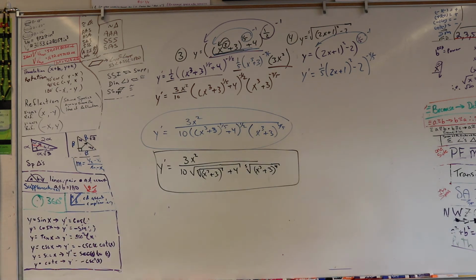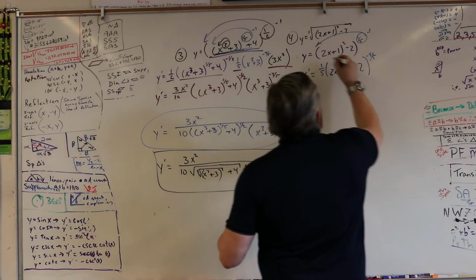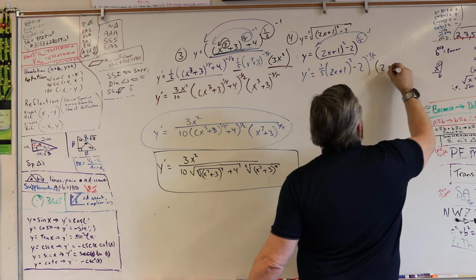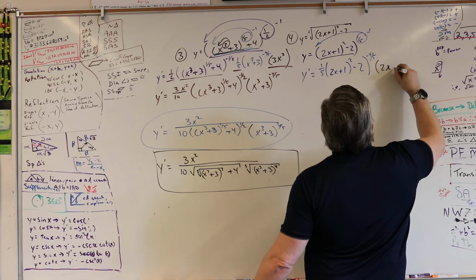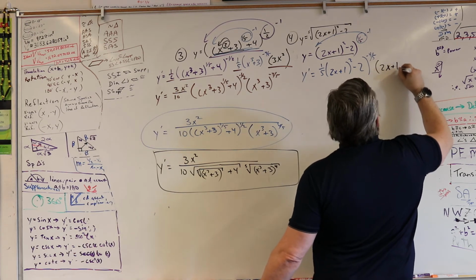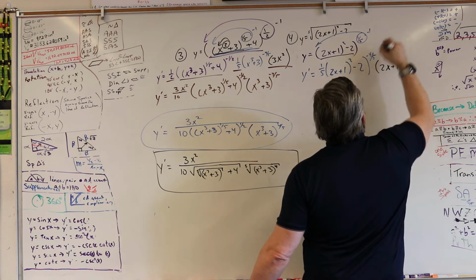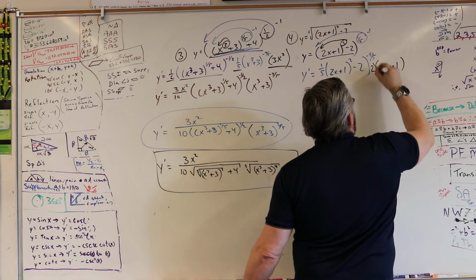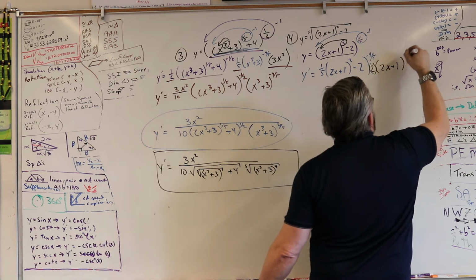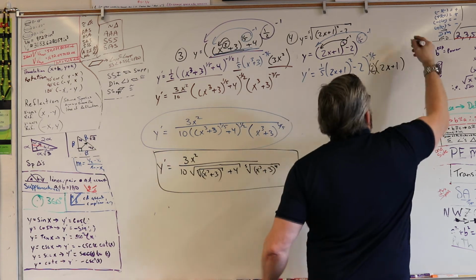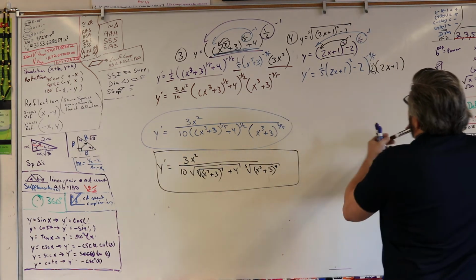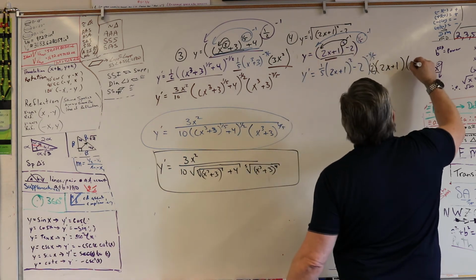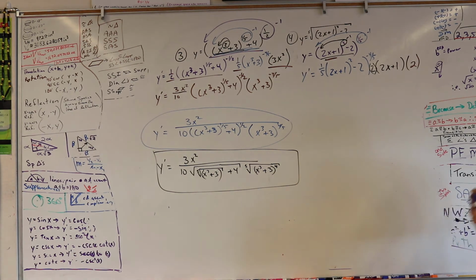And then we've got to do what's on the inside. And so that's going to be times 2x plus 1. Oh, sorry. The square needs to go out here. So that's 2 times the 2x plus 1 minus 1 to the 1. And now we actually have to do what's in here, what's inside there. And so that'll just be 2. Okay?